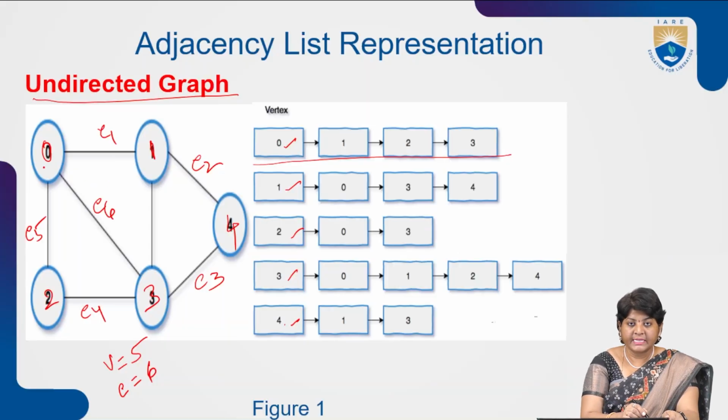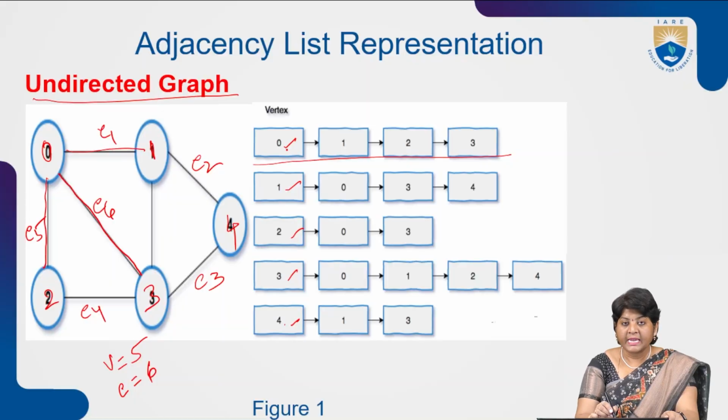See, 0 is connected to 1 and 0 is connected to 2. 0 is connected to 3. So, here 0 is connected to 1, 2, and 3. Here we will represent it in link format: 0 to 1, 0 to 2, 0 to 3.